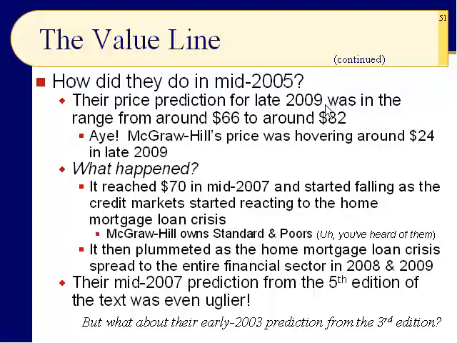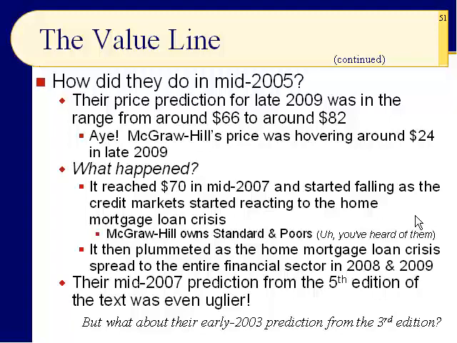Their price prediction for late 2009 was in the range from around 66 to 82. The price was hovering around $24 in late 2009. What happened? Well, it had reached $70 by mid-2007. So again, they were pretty darn close.